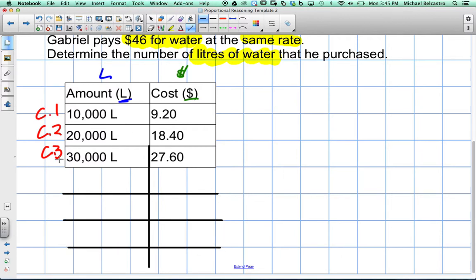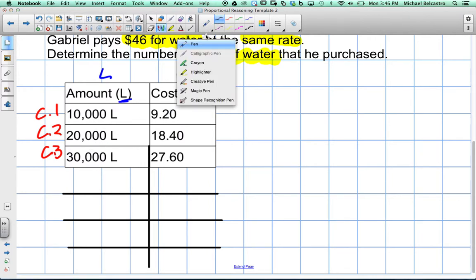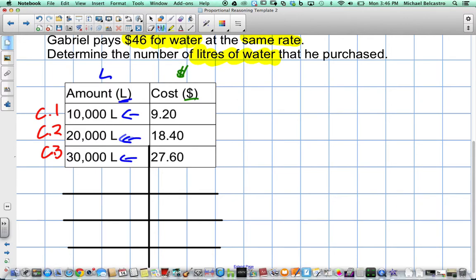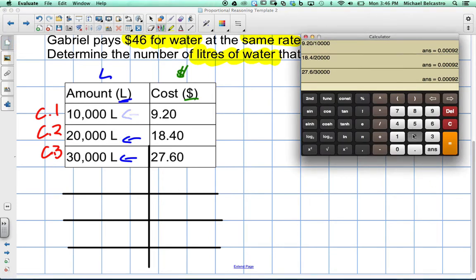Now these are the first 3 customers. What we're going to do is increase the amount of liters they're purchasing at the same rate it was going up by. So in order to figure out what it's going up by, we should really take the second value and subtract the first one, and do that for the third value, subtract the second one, just to make sure the rate it's increasing by is the same. If I take 20,000 and subtract 10,000, most of you know that we'll get 10,000.